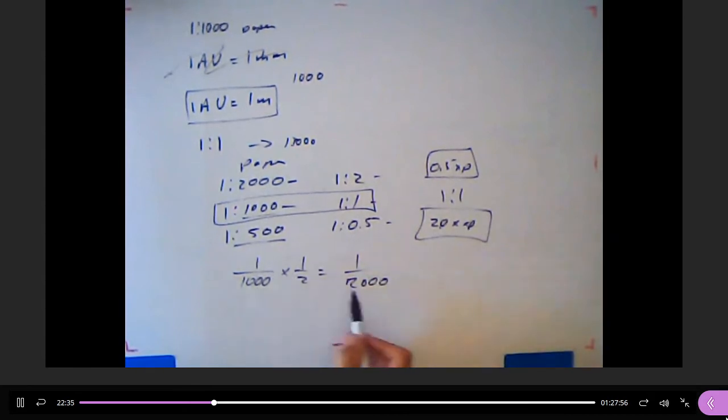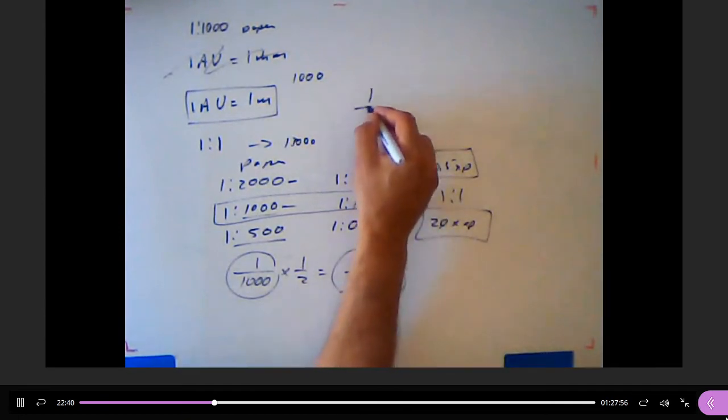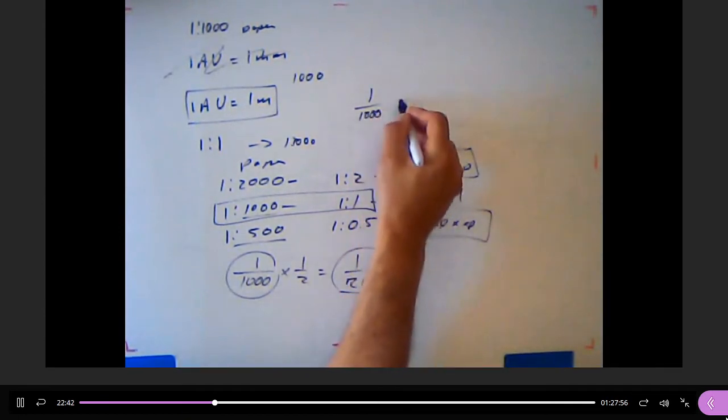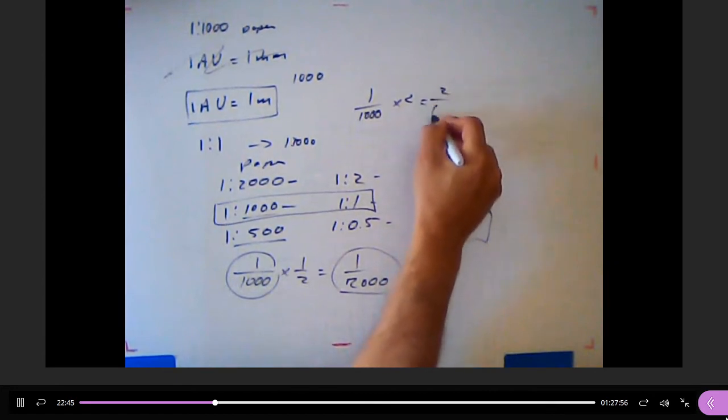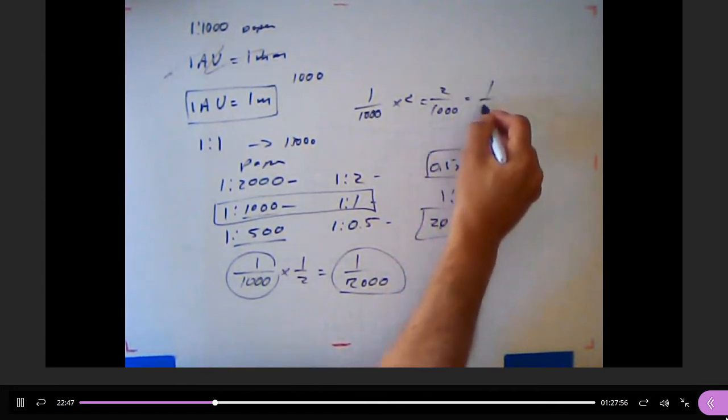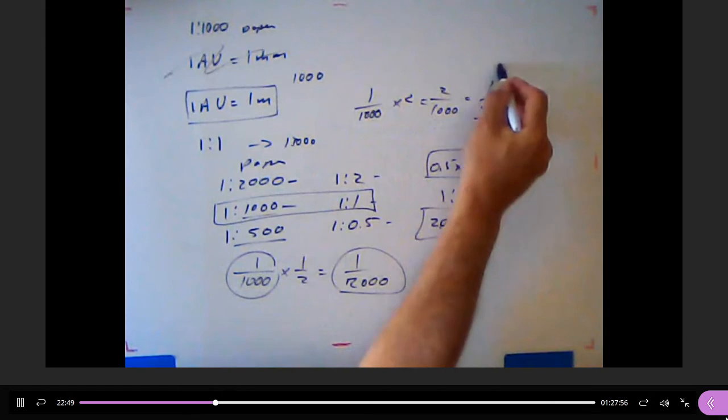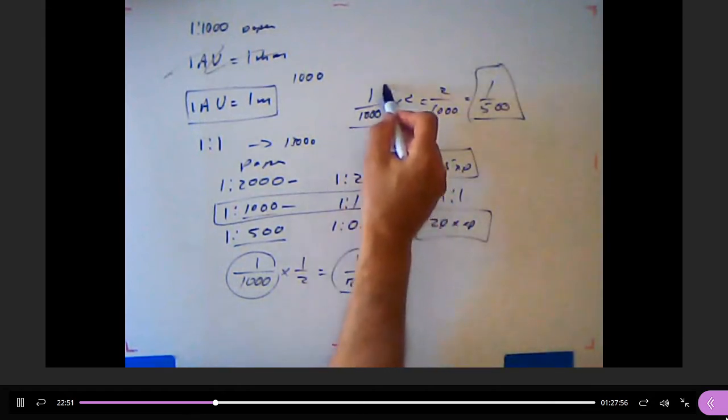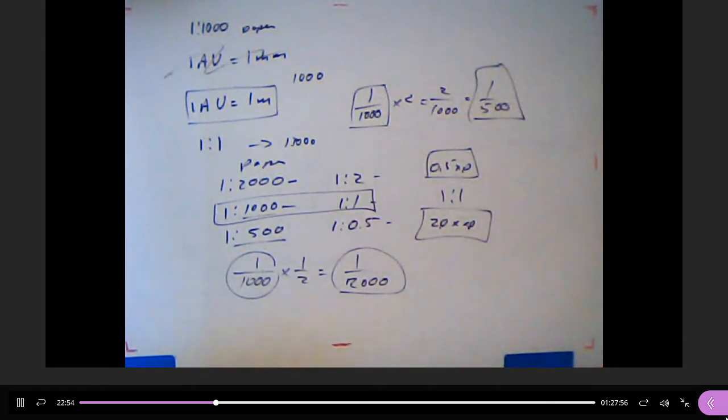So don't be confused by the number. 1 to 2,000 is actually smaller than 1 to 1,000. And 1 over 1,000, if I multiply by 2, gives me 2 over 1,000, which is equal to 1 over 500. 1 to 500 is twice as big as 1 to 1,000. It's kind of upside down. It takes a while to get used to that, but that's the way it's drawn.